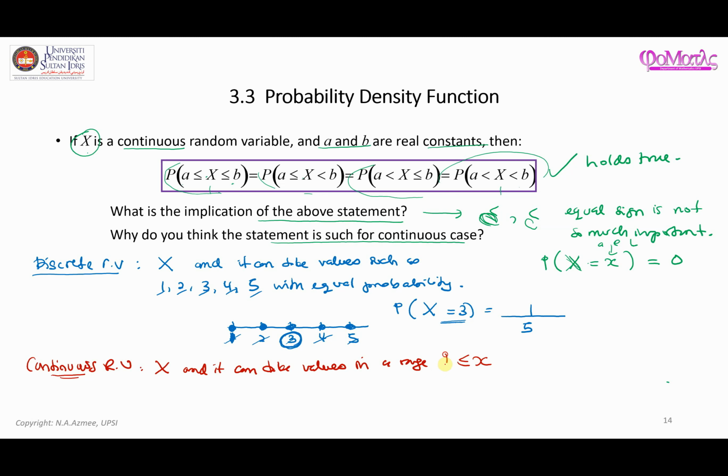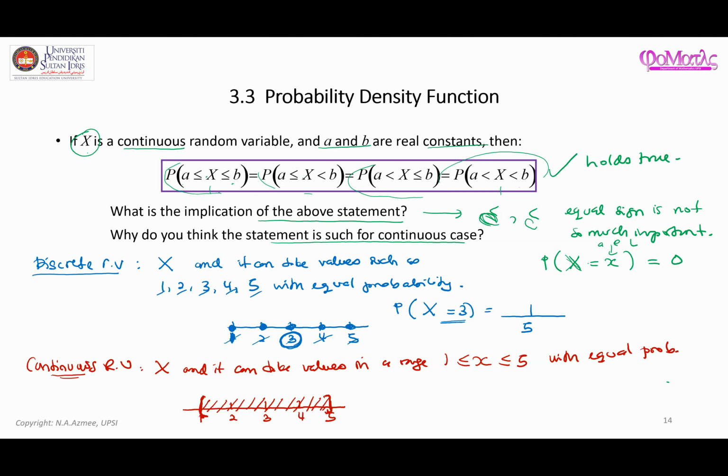So x can be between 1 and 5, can take any value between that, and this value can happen also with equal probability. So if I sketch this real number line, here we've got 1, 2, 3, 4, 5, just for some simple visualization really. So basically x can take any value in this range, from 1 to 5.